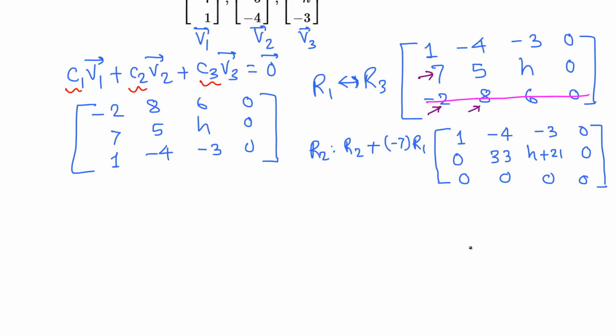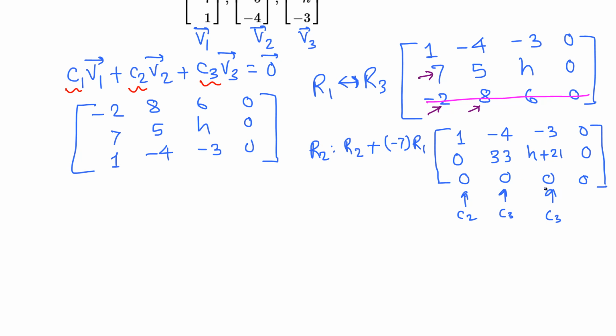Now what can be said about this system? The first column is for c1, this is for c2, and this is for c3, and there is no pivot in the last column. That means we have a solution.